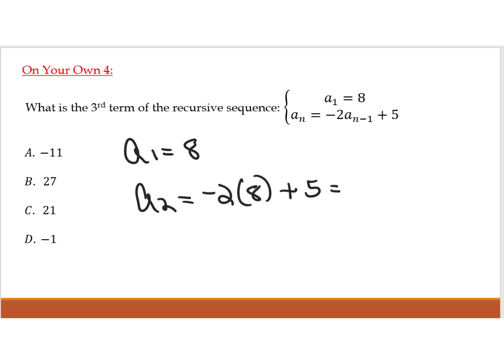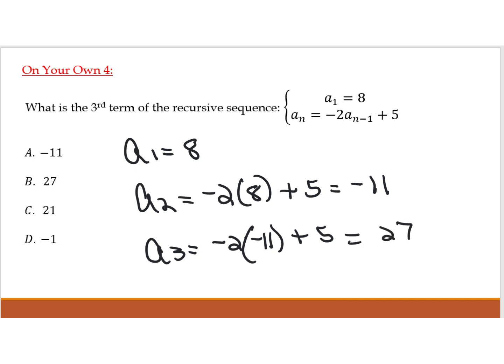And when I do that, I'm going to end up with negative 11. To get a sub 3, I'm going to plug into my recursive formula negative 2 times the previous term, which was negative 11, plus 5, and that is equal to 27. So the correct answer would be answer B.